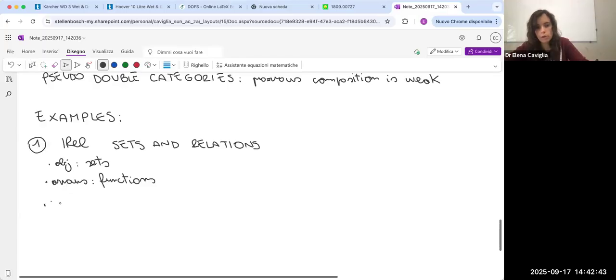But now we can add one more kind of morphism.